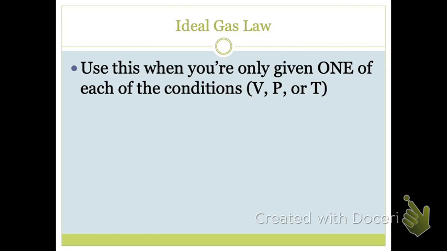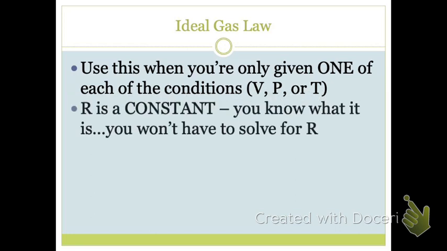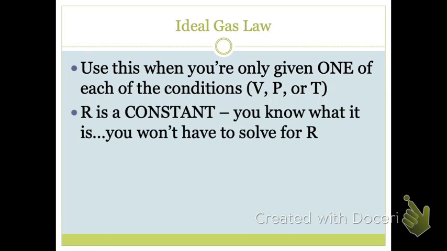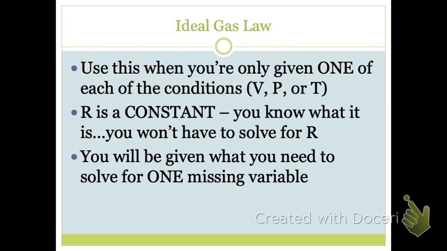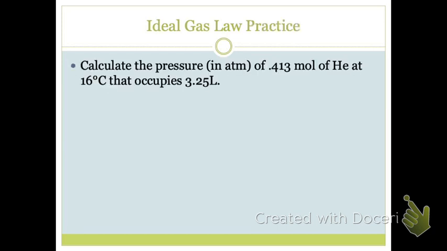If we have a change in volume or a change in pressure or whatever, we might need to use the combined gas law, okay? But if we just have one set of conditions, we'll use this. R is a constant. We know what it is and we won't have to solve for it. You'll be given what you need to solve for one missing variable, okay? So the ideal gas law is really just plug it in and calculate it, right? It's pretty simple.